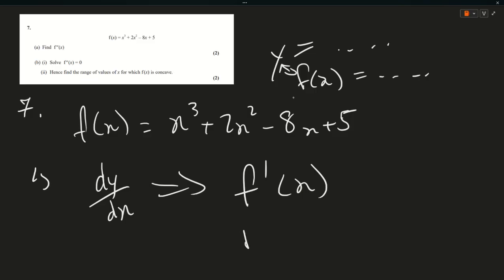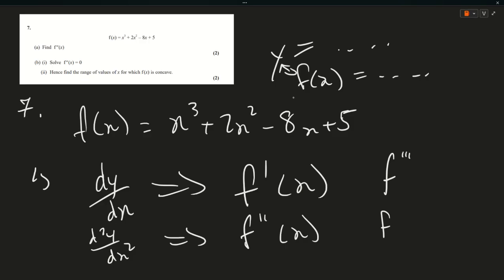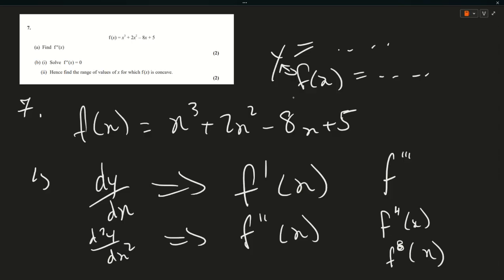What that means is that f double dash x corresponds to d squared y over dx squared. And this could go for anything. You could have f triple dash, f quadruple dash. At some point they just start using numbers, maybe f8 if you're doing some crazy stuff like that. But that is the only difference there, and that's all you need to know.